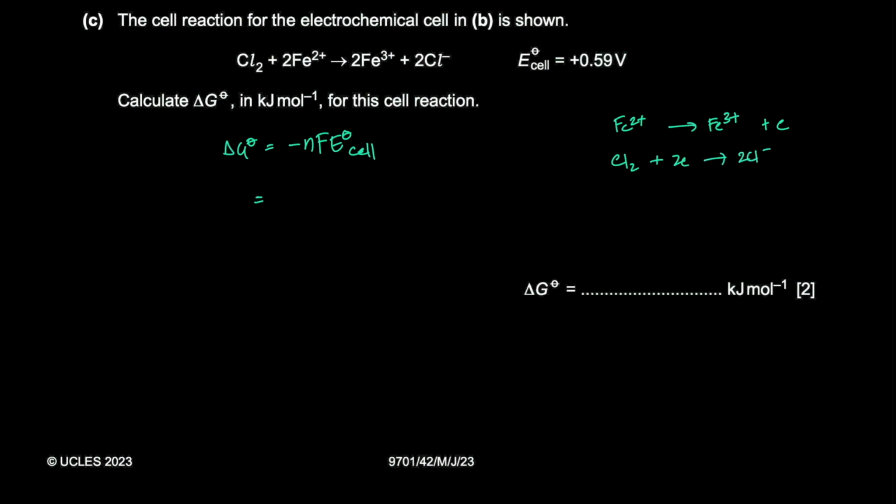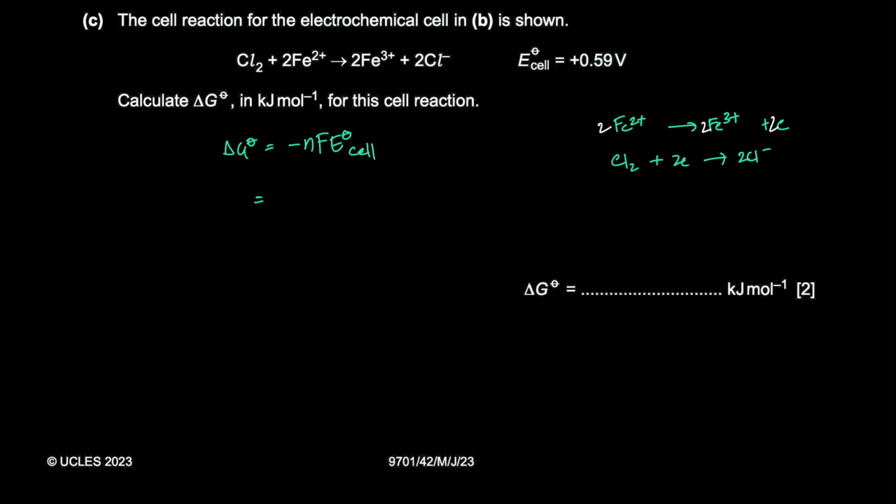These are our half equations. The half equation above has to be balanced, because we have 2 moles of Fe3 plus, 2 moles of Fe2 plus, and then 2 electrons. So here N, the number of moles of electrons, is 2. 2 moles of electrons are being exchanged. Cl2 is gaining 2 electrons, and Fe2 plus, we have 2 moles.